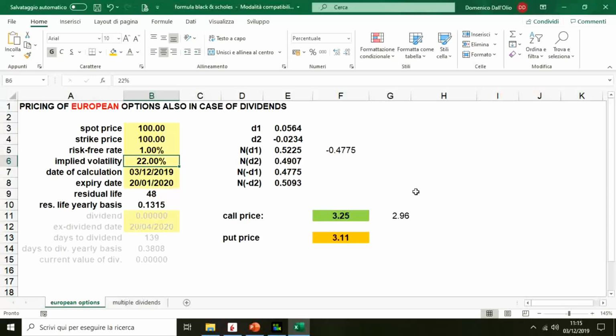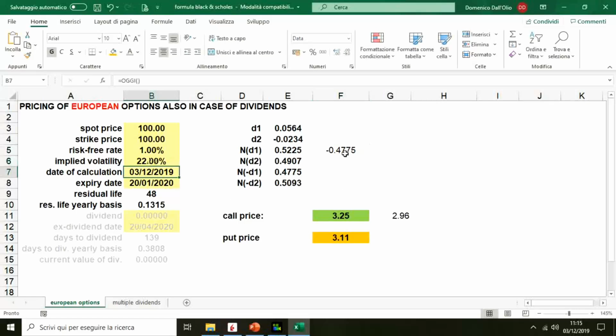So it is the minus N of minus D1 we would achieve if the call had the implied volatility equal to 22%. Otherwise, being 20% the volatility of the call, this is the delta of the call. But this is not the delta of the put, because the put has a different implied volatility value, let's say 22%.